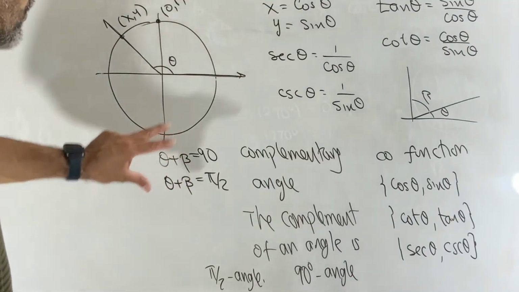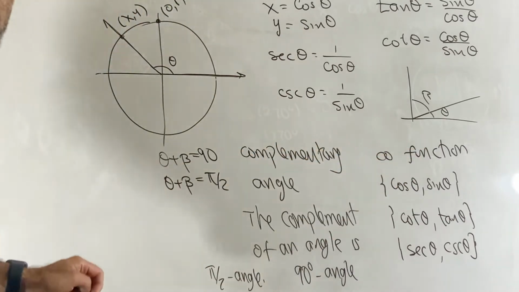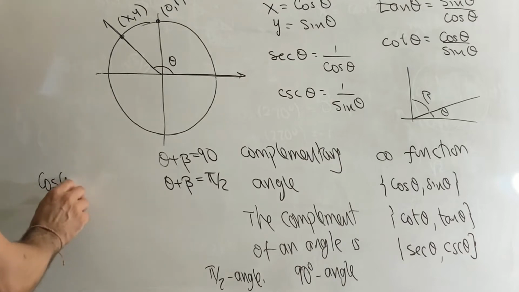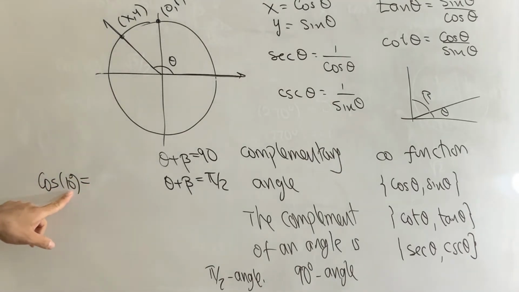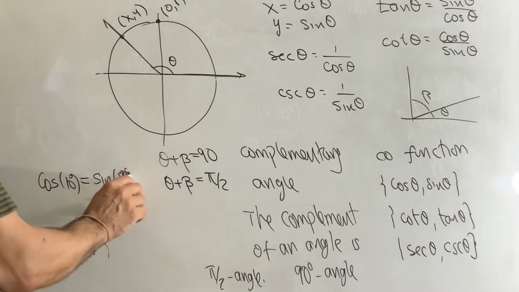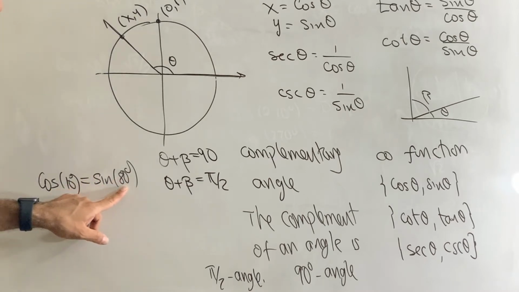But then the connection between complementary angles and cofunctions is that if you have cosine of 10 degrees, what is the complement of 10 degrees? 80 degrees. Then this is the same as sine of 80 degrees. So a function evaluated at an angle is equal to the cofunction evaluated at the complement.